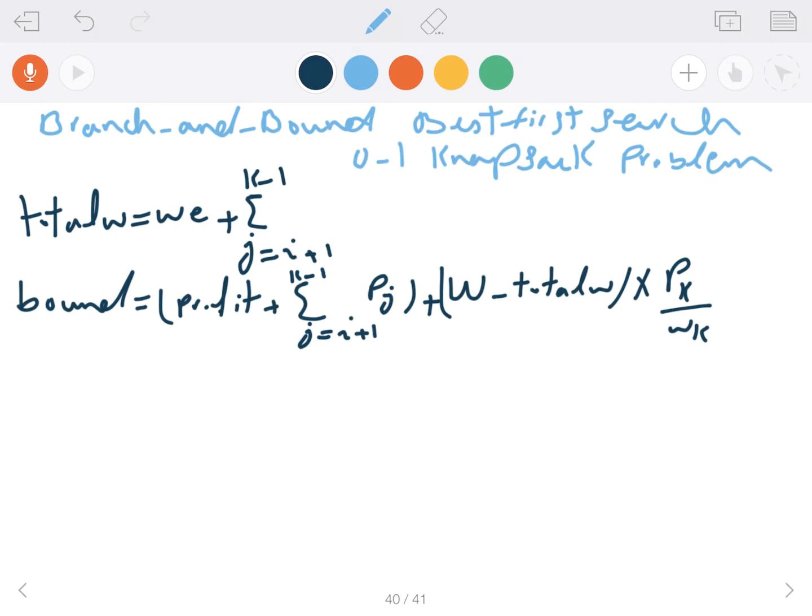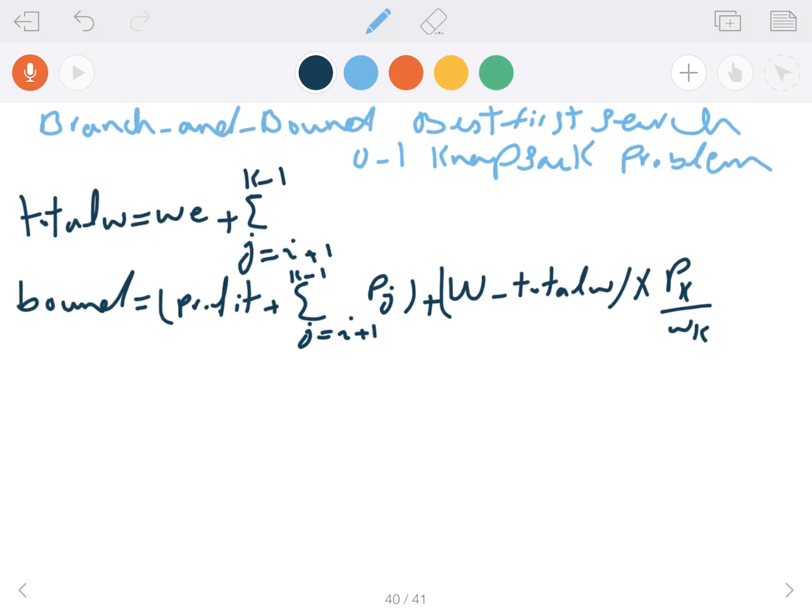Instead, in the best first search, based on the bound that we are finding for each node, if that node has the better bound, let's say if our bound is trying to be maximum, and this is the case in the 0-1 knapsack problem, that we are trying to maximize our bound, a profit, the one that has the highest profit will be expanded first, and then we are going to expand the rest of the nodes based on their bounds.